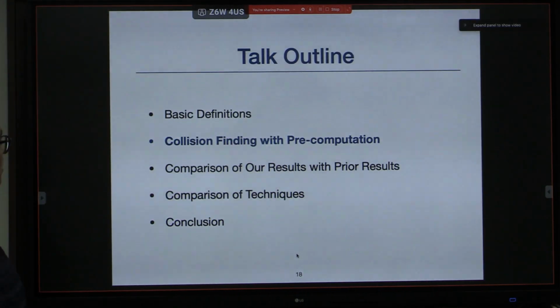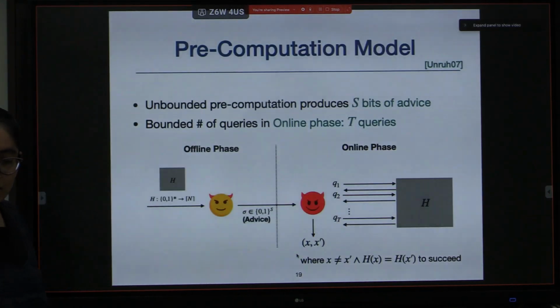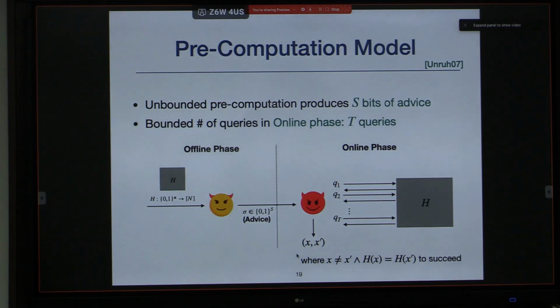Okay, so I want to define the model that we analyze next. This was first proposed by Akshima in 2007. Here the adversary can work in two stages. In the first stage, it gets unbounded access to the hash function. You can think of it as looking at the entire function table.